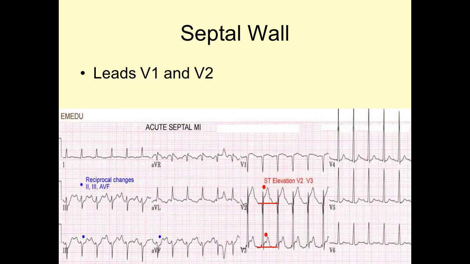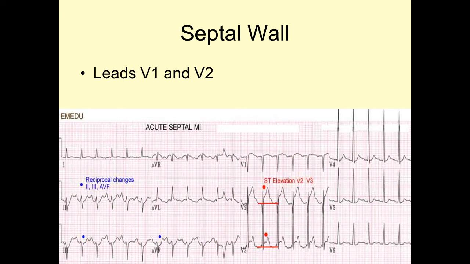Now the second part of the ICL leads is the S, and that's your septal wall, and that involves V1 and V2, and it also moves into the anterior, so the C and L, and A for anterior. So a lot of times you'll see septal and anterior wall MIs together, but you can actually see both in V1 and in V2.